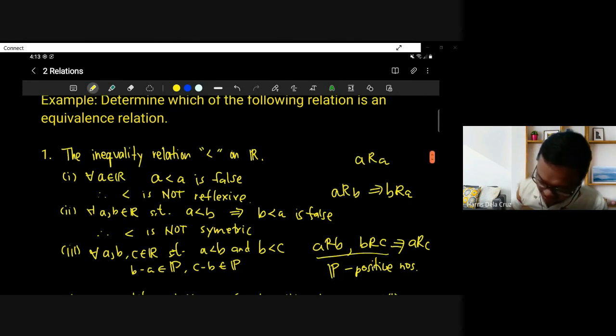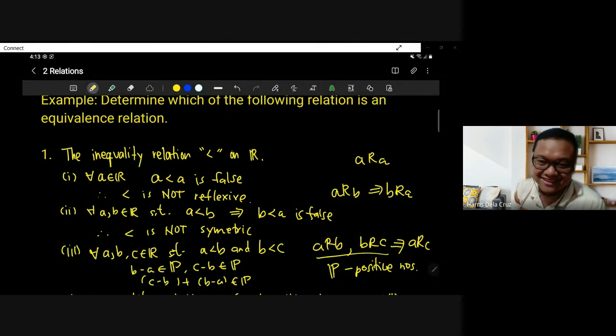O, di ibig sabihin, yung C minus B na positive, pag in-add mo ng B minus A na positive din, ang sagot, positive din. Tama? Saan ba equal yung C minus B plus B minus A? C minus A. Anong ibig sabihin na ang C minus A ay positive? A is less than C. Yun yung gusto natin pakita, di ba?